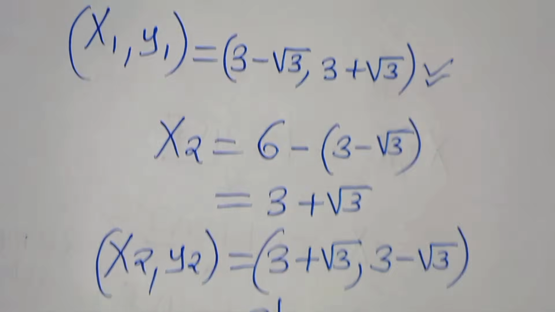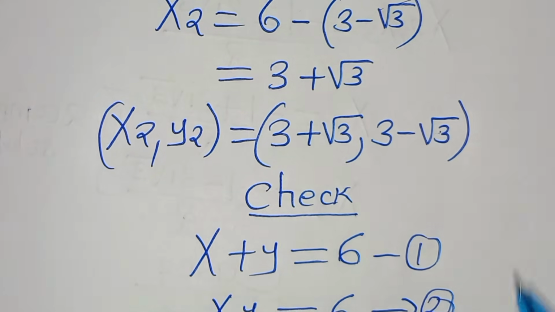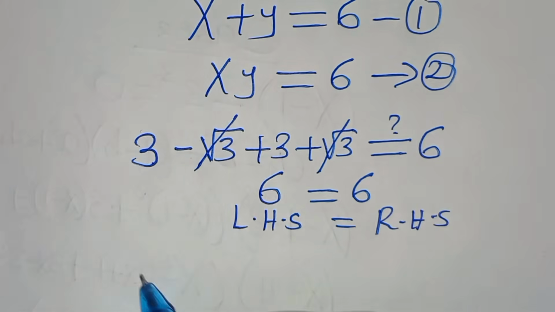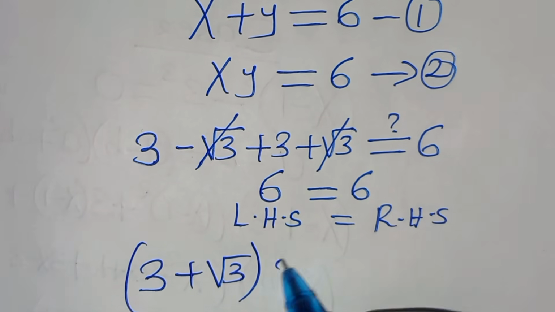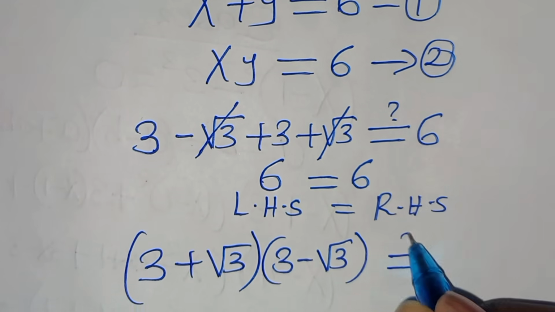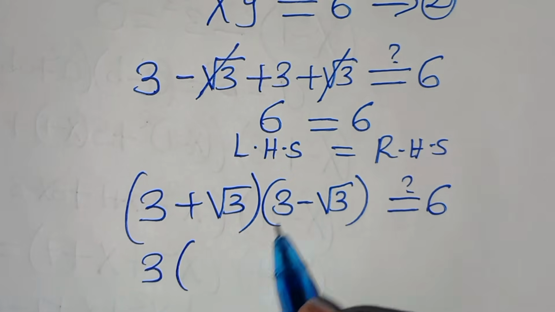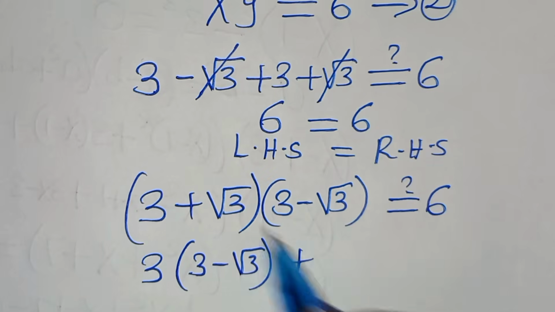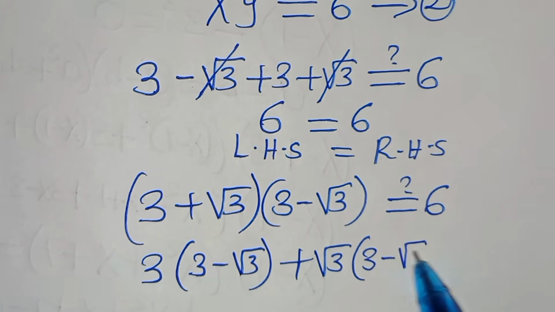Now let's check x2, y2. To see if this satisfies the equation, let's use equation 2. Now we have 3 plus square root of 3 multiplied by 3 minus square root of 3. This is supposed to give us a value of 6. So we have 3 multiplied by 3 minus square root of 3, then plus square root of 3 multiplied by 3 minus square root of 3.